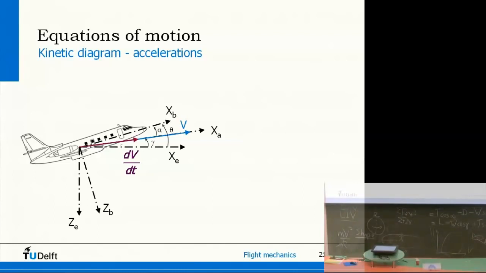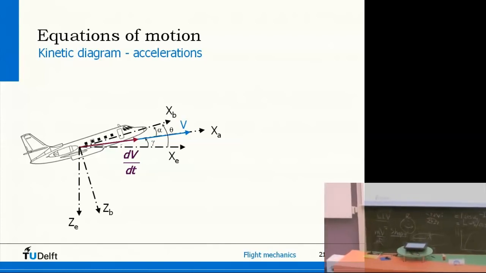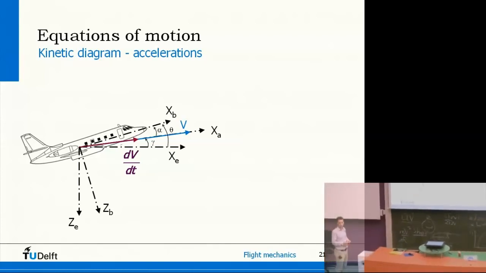So you may have a change of airspeed with time in the direction of v. So that's a fairly simple acceleration. So if you would complete the equation of motion here, you'd have mass, so aircraft weight divided by gravity, times dV/dt.